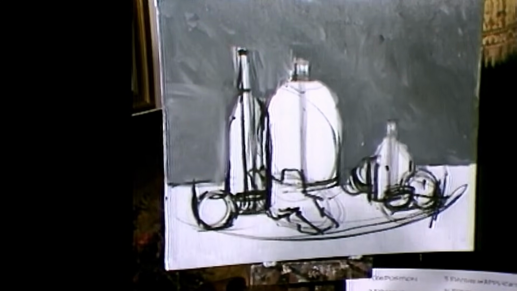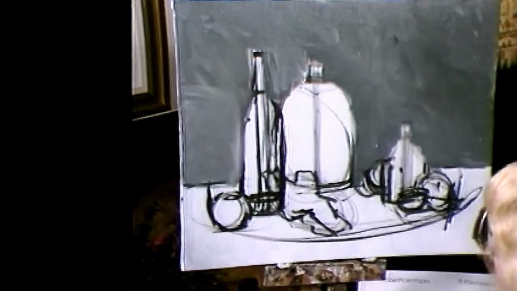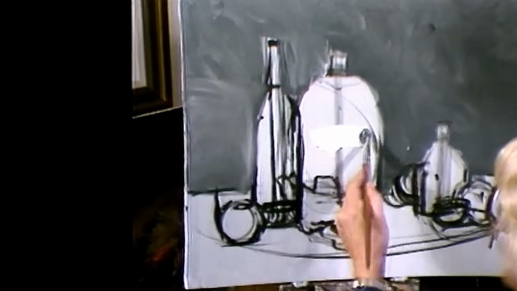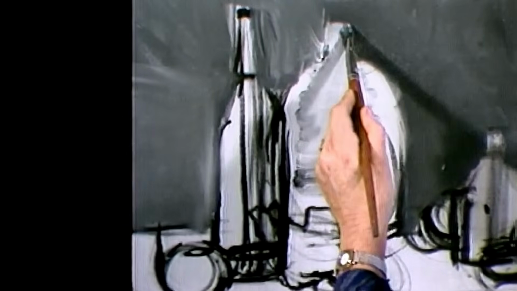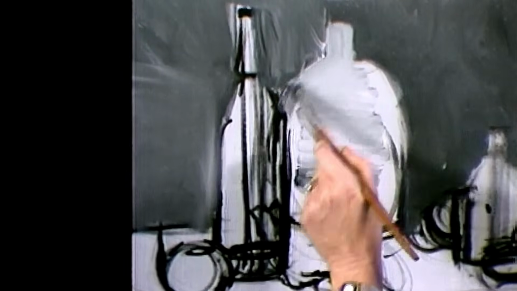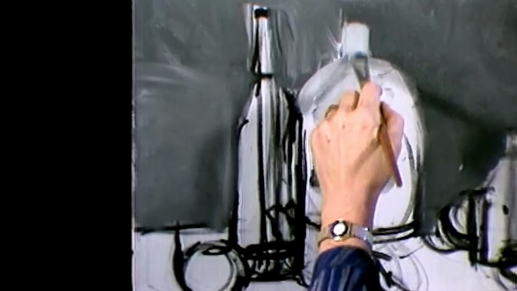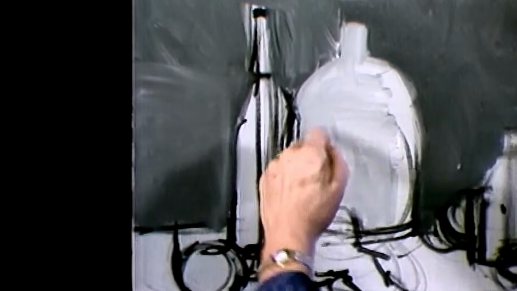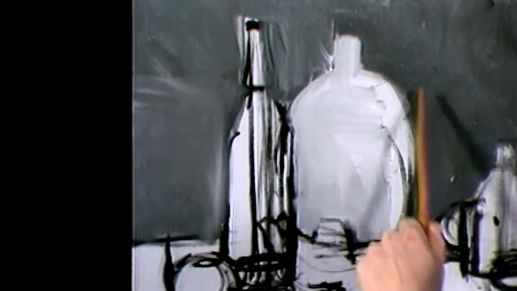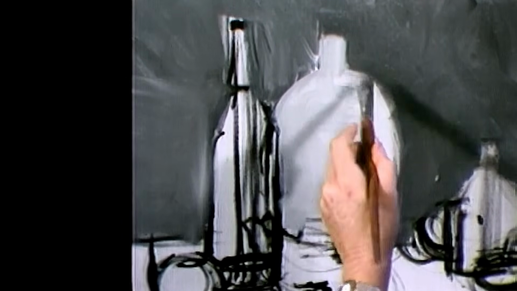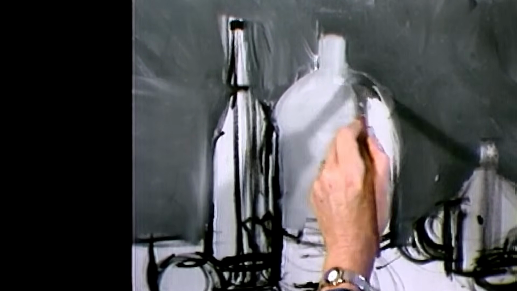The value of the jug in relation to the tone that I've just used is lighter. And I'm already doing something that is a basic technique of mine. And that is that the first thing I paint in bigger than it is, so the next thing I do can cut into it.